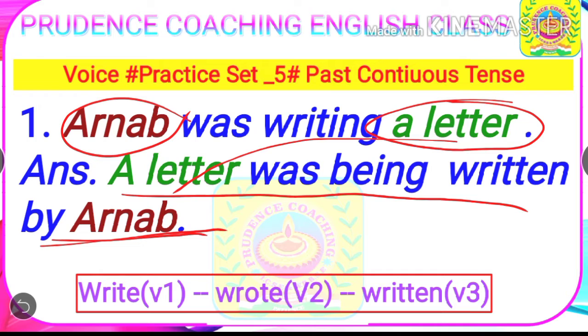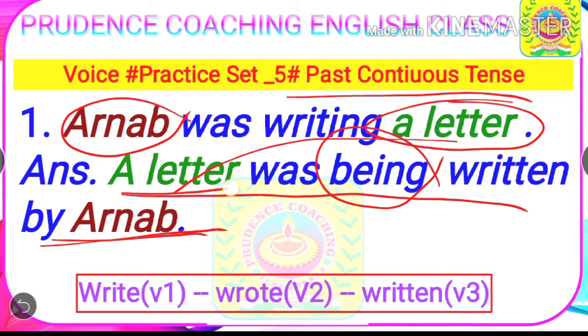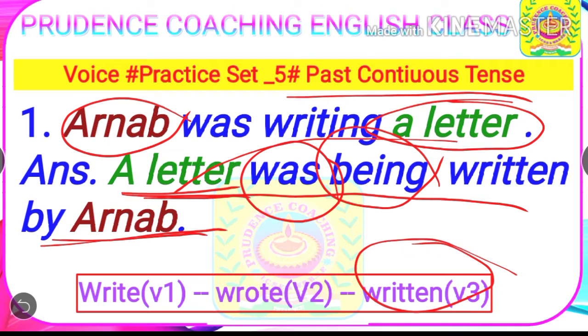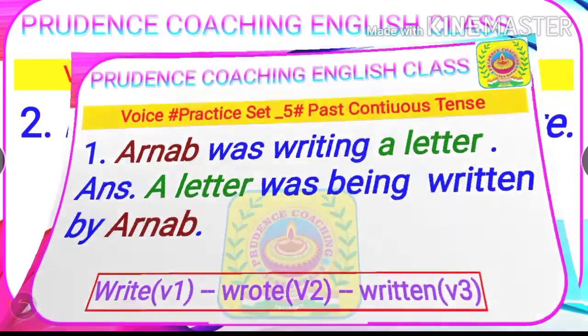As this is past continuous tense, we have to use being, and according to the subject we have to use was or were. The third form of the verb write is written. So let's move to the next question.